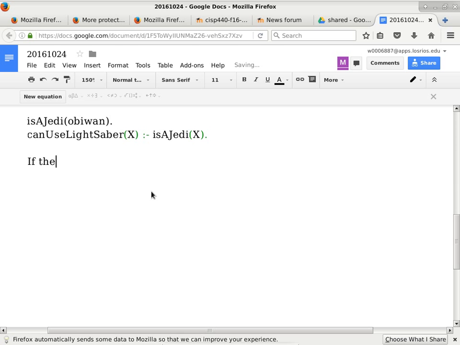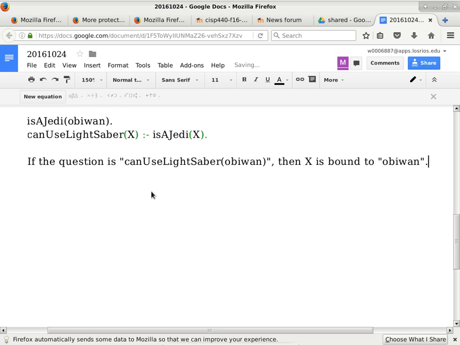So let me just state that. If the question is can use lightsaber Obi-Wan, then X is bound to Obi-Wan, because that's what we're asking. Now, because X is already bound to Obi-Wan, the other X is also bound to Obi-Wan already.